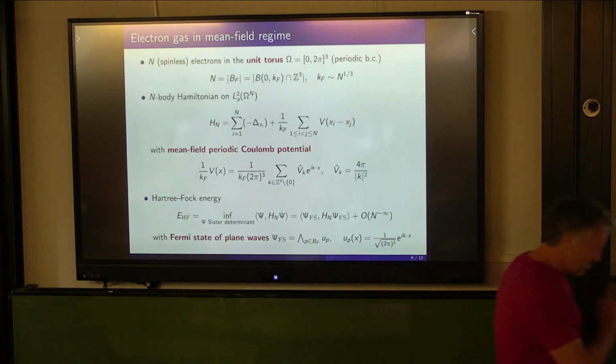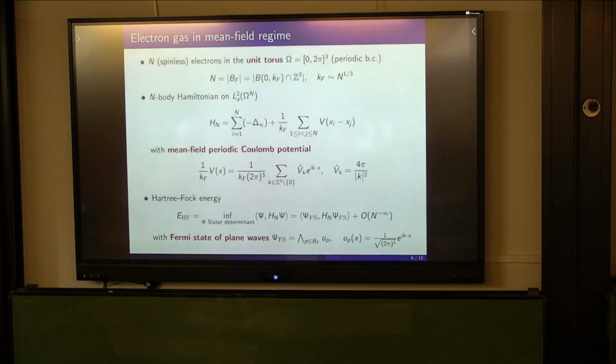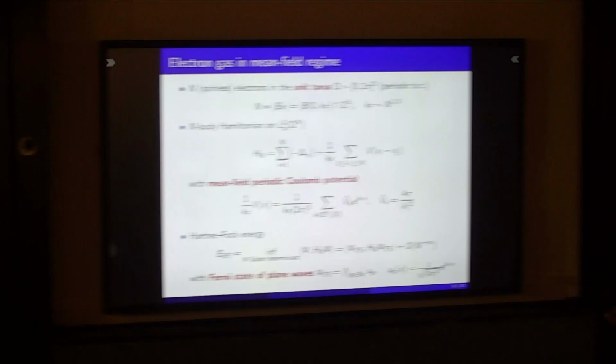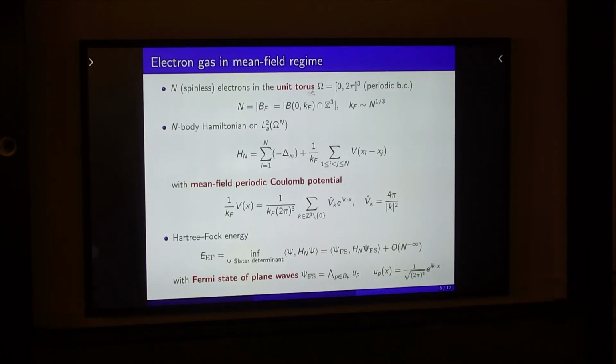You take a box of size 1 and basically put n particles in it, and take the large density limit. So then the density, if you take the box with side length 2 pi, is n over the volume, 2 pi to the 3.